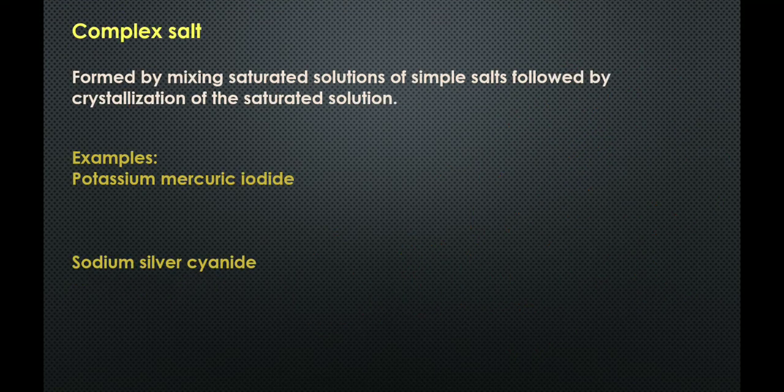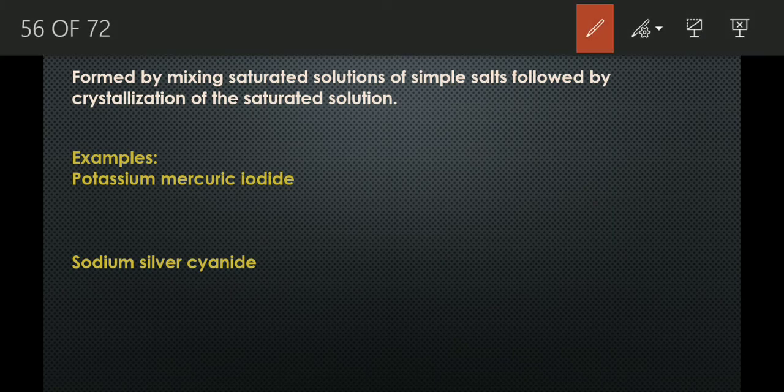Now the next category is complex salt. Complex salt is formed again by the mixing of saturated solutions of simple salts, which is again followed by the crystallization of the saturated solution. It is very similar to mixed salt, but there is a slight difference. Why? Let me give you an example and then I will explain. First example is potassium mercuric iodide. Formula is K2HgI4. See, this type of salt contains one simple ion and a complex ion.